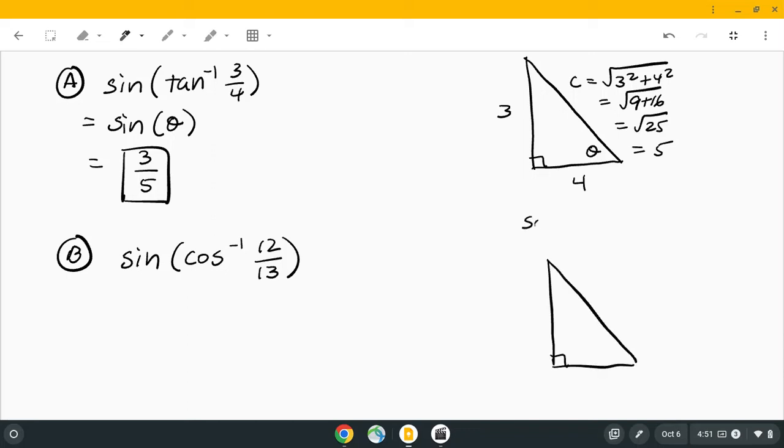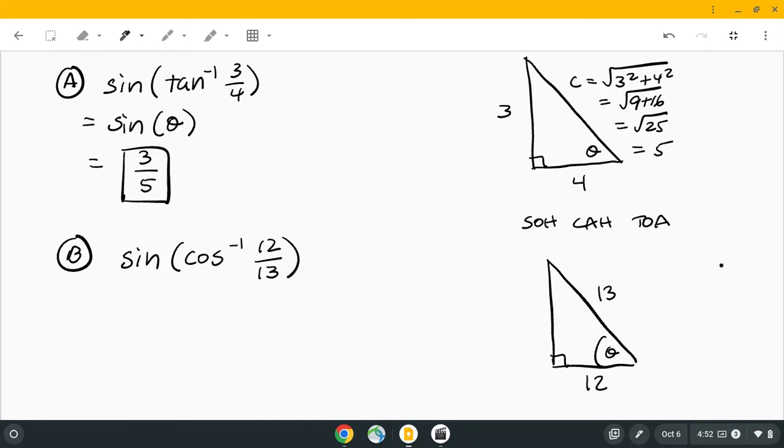All right, and again, I'm going to use SOHCAHTOA. All right, here's my angle, right? And cosine is adjacent over hypotenuse. So this is adjacent over hypotenuse. Adjacent side is 12, hypotenuse is 13. And now from Pythagorean theorem, I can find the missing side.